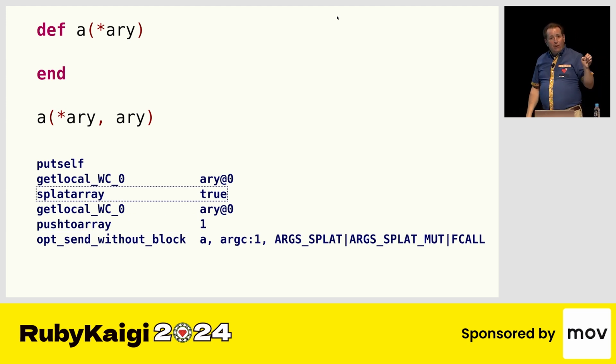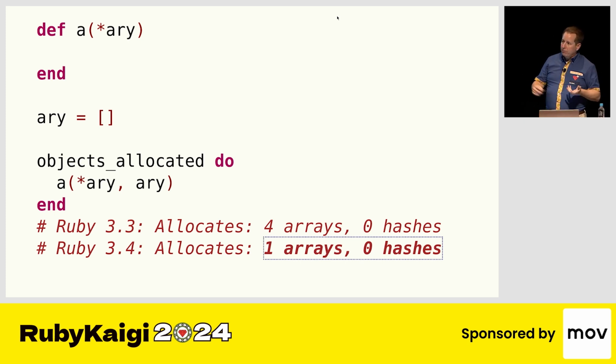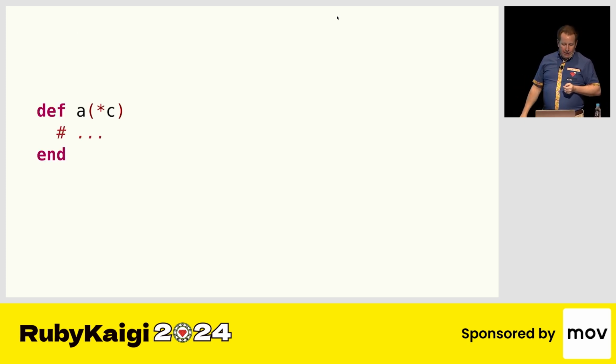In that case, this is the array created by splat array true. So with the combination of argsplat mute and push2array, Ruby 3.4 will only allocate a single array for this call, which achieves our goal.